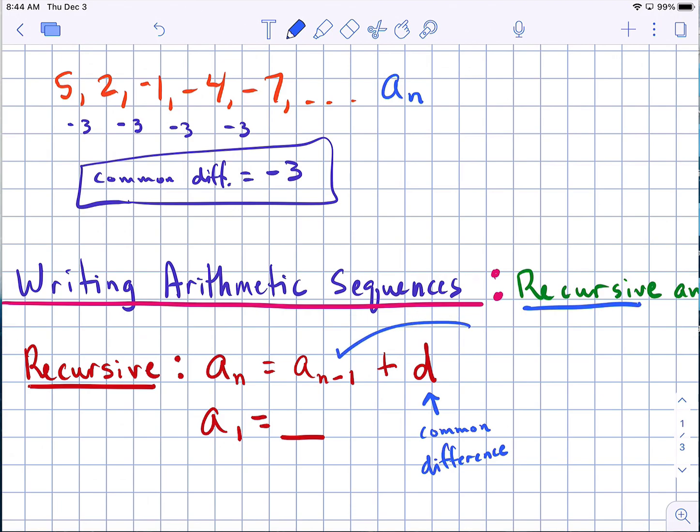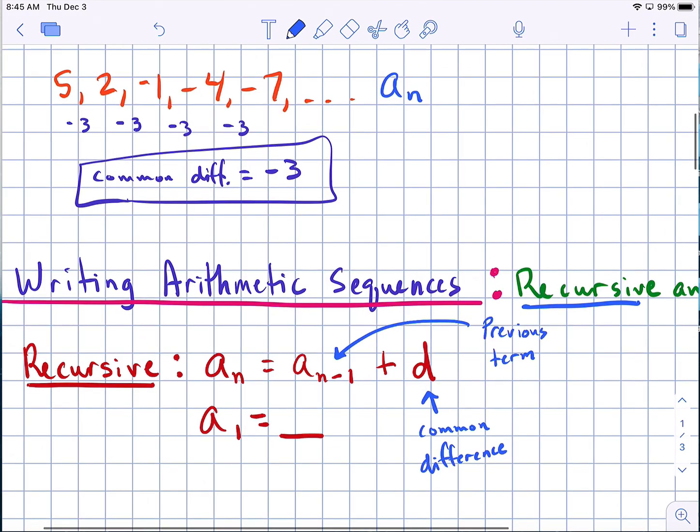This right here stands for the previous term. So what this equation is saying is that to find a of n, whatever I'm looking for, I'm going to plug that number in for n and I have to find the previous term. To find the third term, I would have to know the second term and then add the common difference.